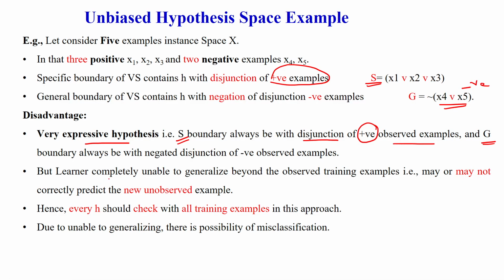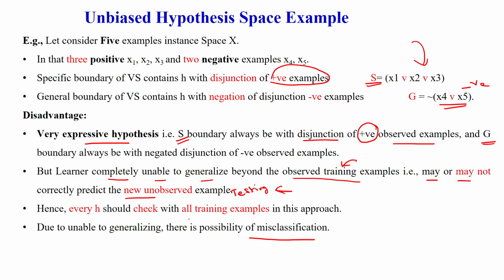But the learner is completely unable to generalize beyond the observed training examples. So it is unable to classify beyond this type of examples. That is, it may or may not correctly predict the newly coming testing samples, the unobserved samples. So there is a possibility of misclassification for new testing samples.